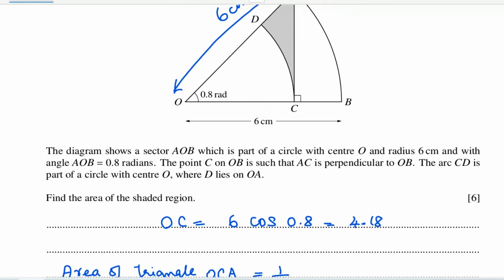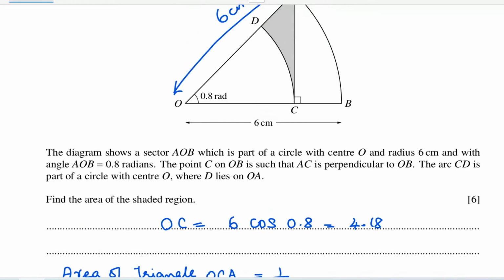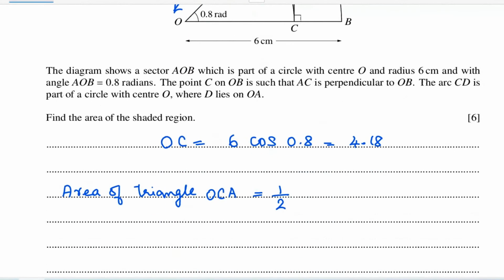So we know OC and OA. OC is 4.18, and multiplied by 6 multiplied by sine, and the angle is 0.8 radians.